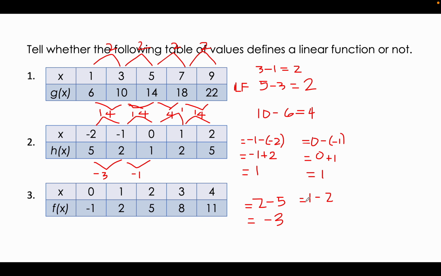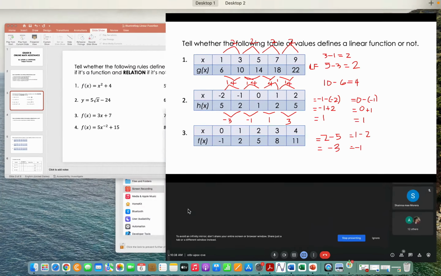So this is actually negative 1. Then 2 minus 1, we have 1. And then 5 minus 2, we have 3. So as you can see, there is no common difference here.